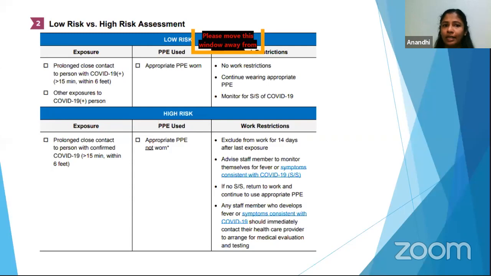So this is the low risk and high risk. If you wear proper PPE, you're at low risk with anybody because the virus is transmitted with droplets and aerosols. So if you have good PPE, you don't have to worry.